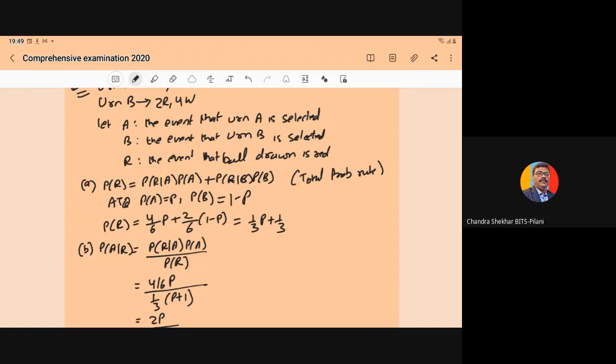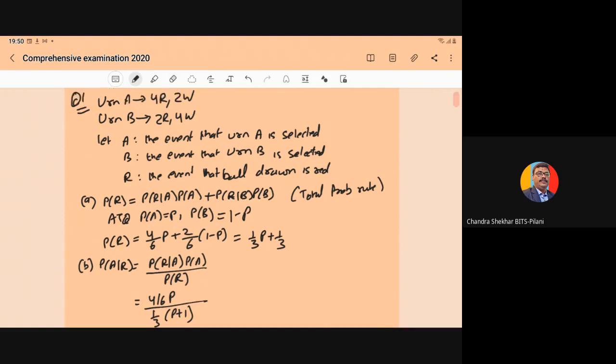According to the question, A is selected when we have the tail, and the probability for the tail is p. So P of A will be small p and P of B will be the complementary probability, 1 minus p. When we put these values in the total probability rule, P of R given A means red when A is selected.